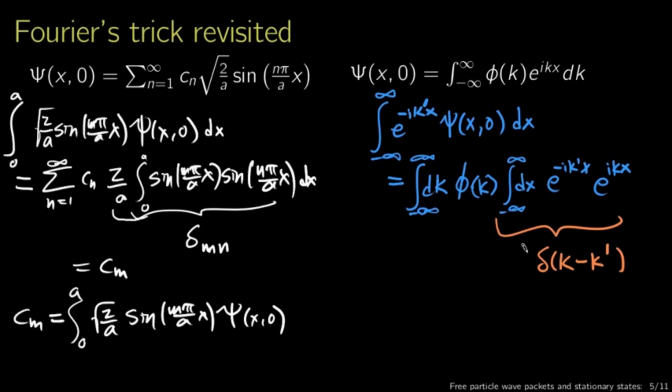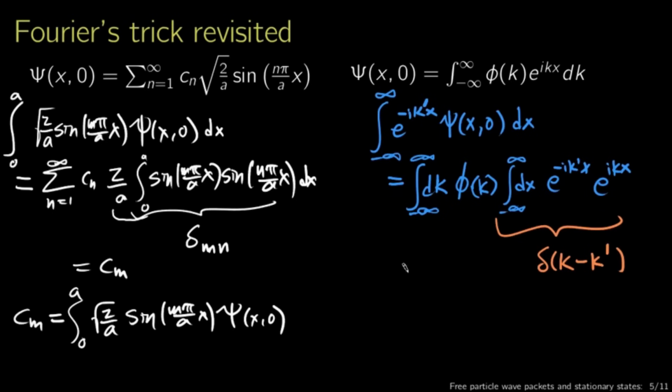If you treat this as a distribution that only is non-zero at a particular value, the delta function by default is defined to be non-zero only for its argument equal to 0. This is effectively a distribution that only has support for k equal to k prime.